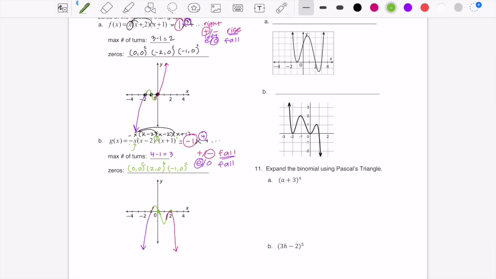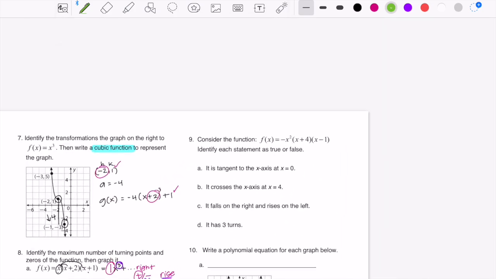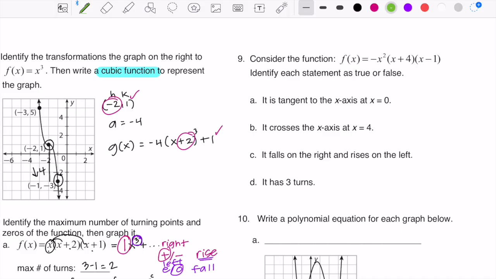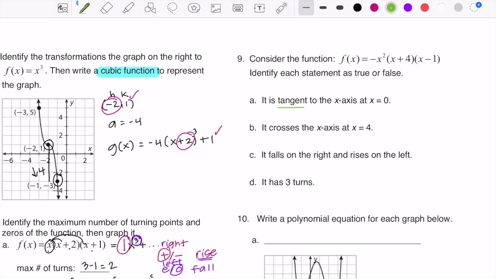Okay. Let's go over here to this question, and it asks us to consider this and just label true or false for each of these. So it says it is tangent to the x-axis at x equals 0. So first of all, tangent is going to mean that it bumps. So bump and tangent are synonymous.